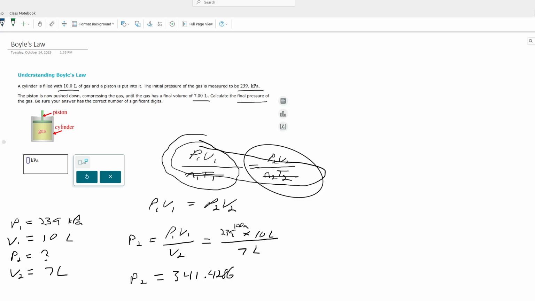Okay, now I got to worry about those sig figs. I got 3 sig figs here, 3 and 3. So my answer is going to have 3 sig figs. And so my new pressure, P2, the answer I'm going to put into ALEKS, is 341 kilopascal.